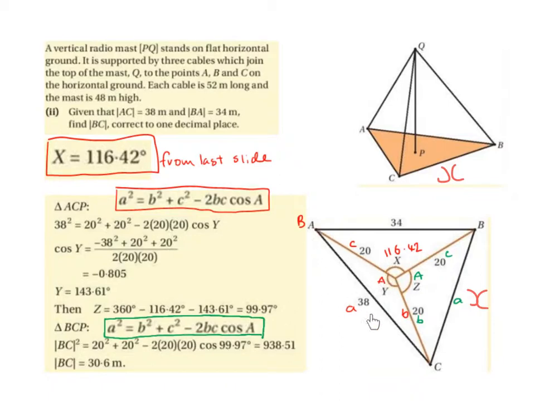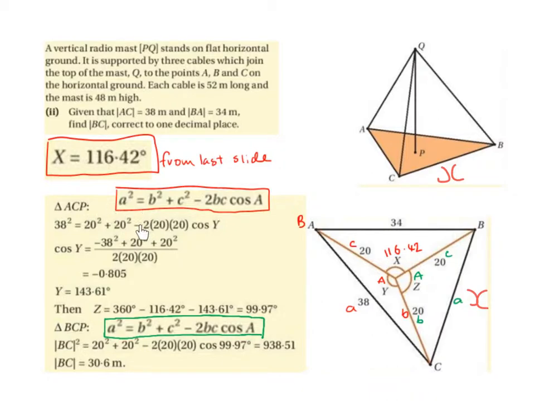Okay, so we've labelled our triangle, so now we just have to substitute our values into our cosine rule formula. So a squared is 38 squared, b squared is 20 squared, c squared is 20 squared, minus 2bc becomes minus 2 times 20 times 20, and this time cos of A becomes cos of Y. Similar to the last slide, we're going to rearrange so that cos of Y is on its own. The 38 squared comes over the equal sign and becomes minus 38 squared, and we still have the plus 20 squared plus 20 squared.